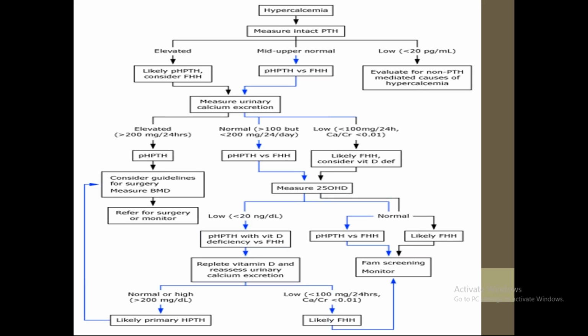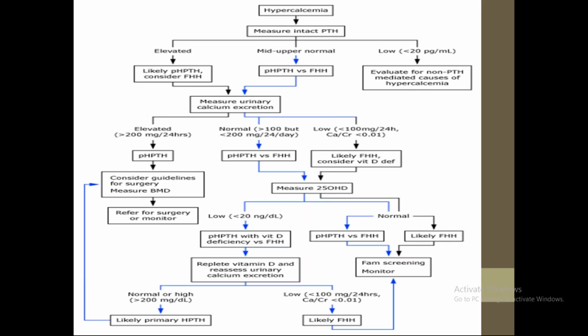If it is normal or high, that is more than 200, it can be primary hyperparathyroidism. If it is low, less than 100, and calcium creatinine ratio less than 0.01, it can be FHH. Then if vitamin D levels are normal, again you have to see between primary hyperparathyroidism versus FHH, and then monitor, or you see if any other cause can be there.